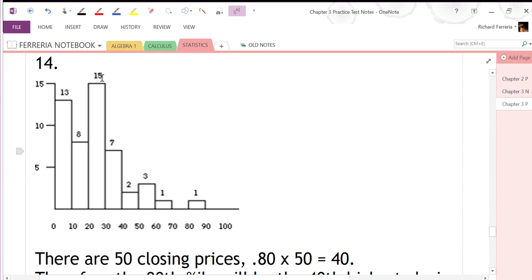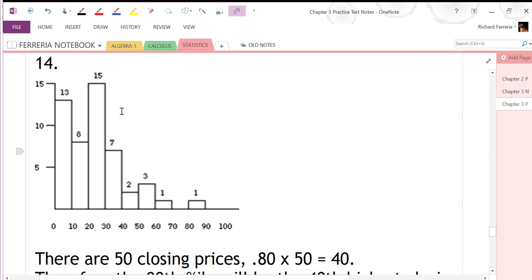Then this is the next 15. So then the lowest, is that 36 now? The lowest 36 closing prices are less than 30. We're not at the 40th, right? So the next one, we add 7 to that, and that's 43. So the lowest 43 are less than 40. We want to find where 40 is, right?